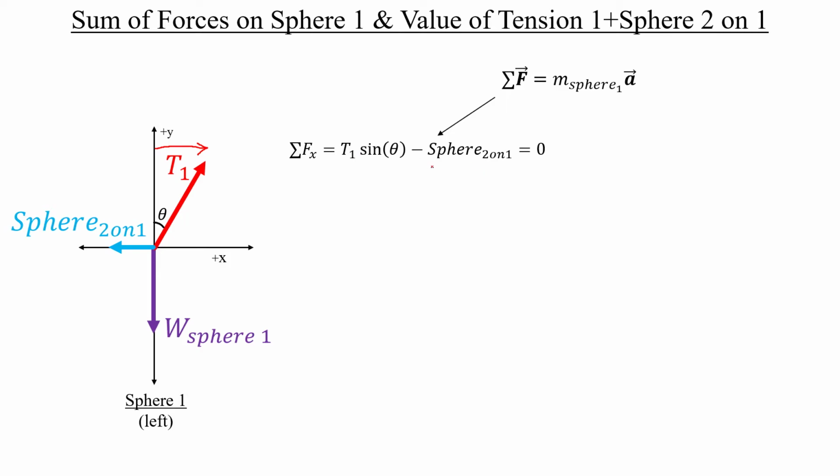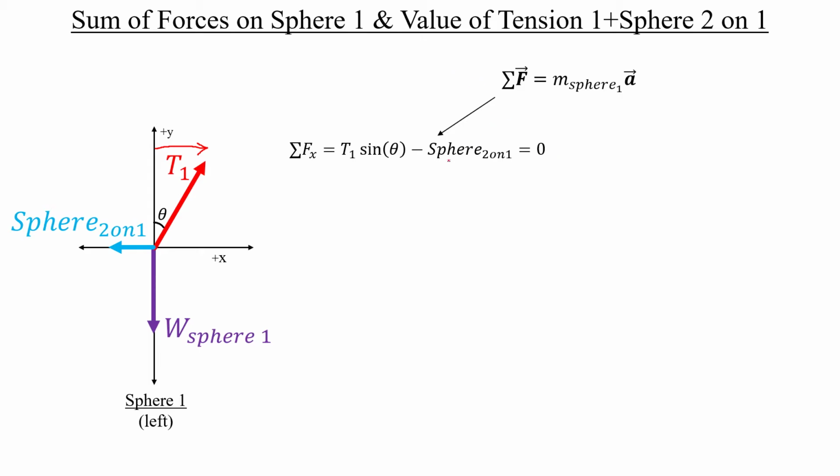What points in the opposite direction? Well, that's sphere 2 acting on sphere 1, and that's why it's negative here. Is there any acceleration in the x direction? No, because the spheres are not moving left or right, right? So there's no ma term over here on the right-hand side. That's just 0. It's gone.